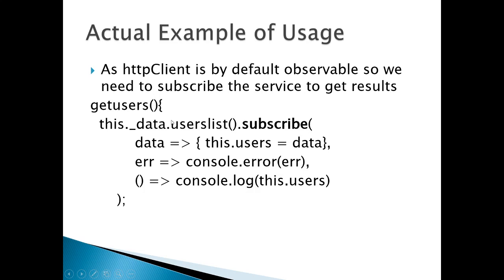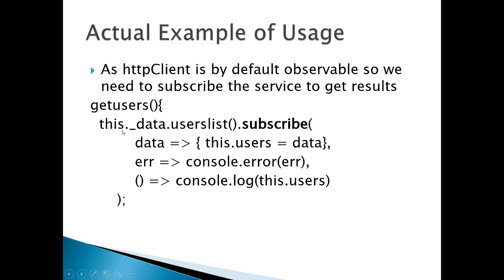Because whenever we call the REST API, we use the HTTP client request service, and the HTTP client service is already an observable. You don't need to declare it as an observable, but by default the HTTP client service is observable. So whenever we need to get the data from that observable, we have to subscribe to that method.